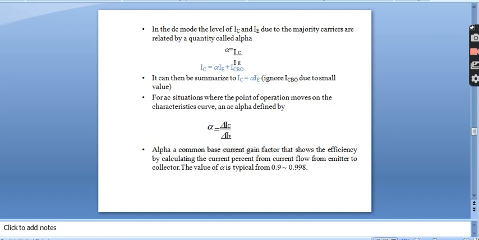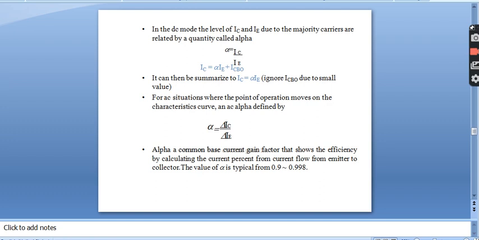When the emitter is open, a small current flows between collector and base regions, called the reverse leakage current. That is why ICBO is very small and negligible, so the collector current IC is equal to alpha into IE. This is in the case of DC mode.